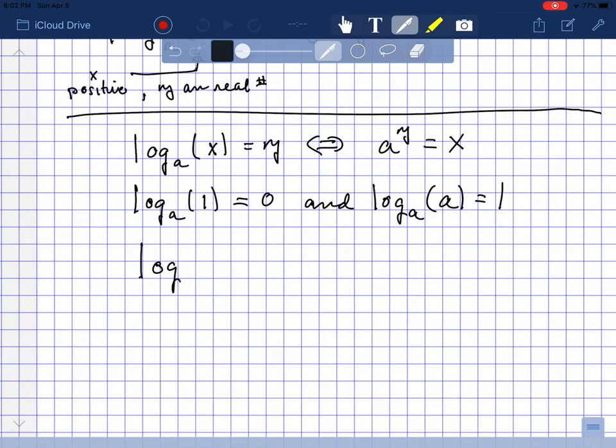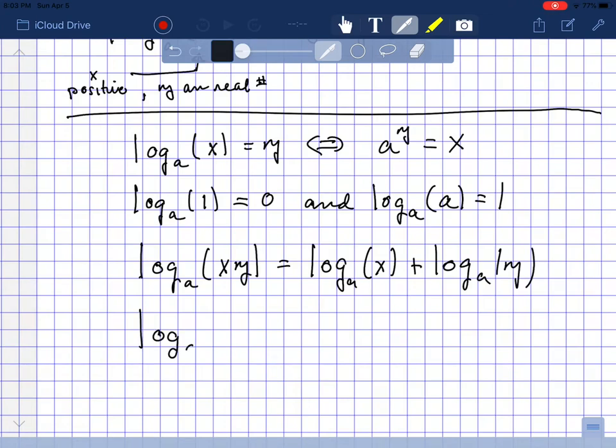We have that the log base a of x times y is equal to the log base a of x plus the log base a of y. And then we have the log base a of x to the y power is equal to y times the log base a of x.